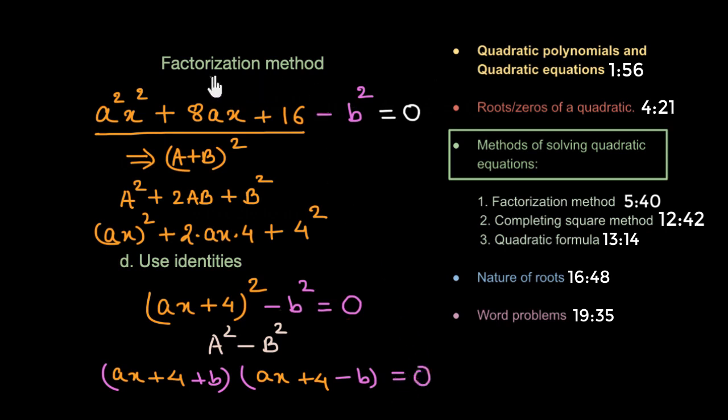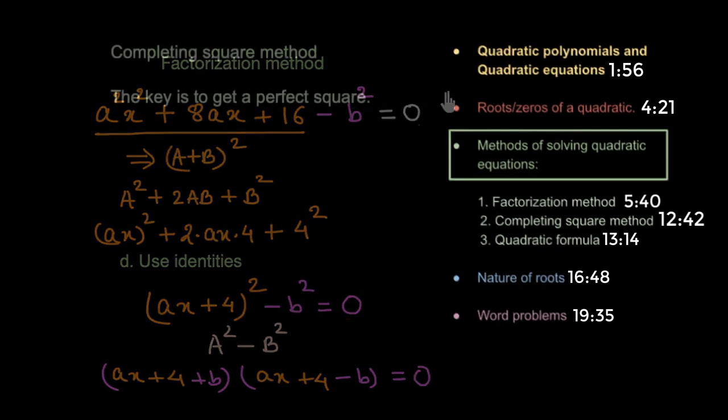So now we have factorized this given quadratic equation, and from here we can find the roots and the values of x that would satisfy this. This is how we try to do factorization by following the 4 key steps that we just discussed.